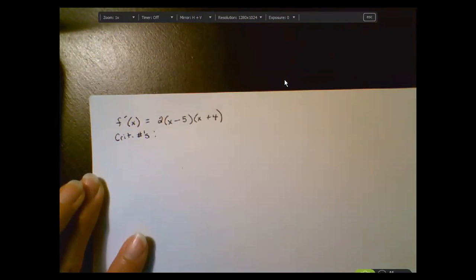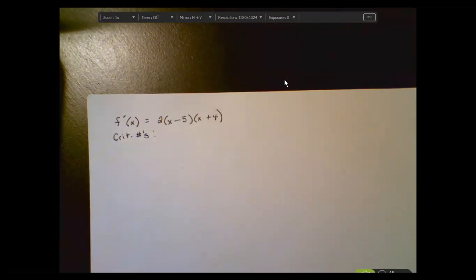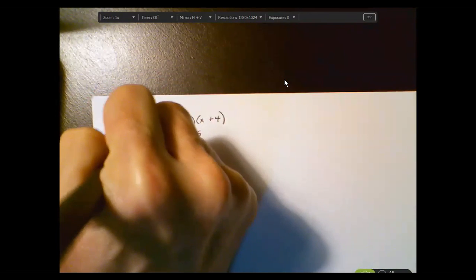Assuming it's just a polynomial function and nothing makes it undefined. X equals 5 and -4. -4 and 5, right. So you put those on a number line and you look at the sign of the first derivative.